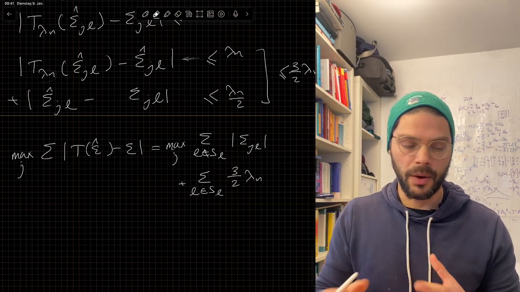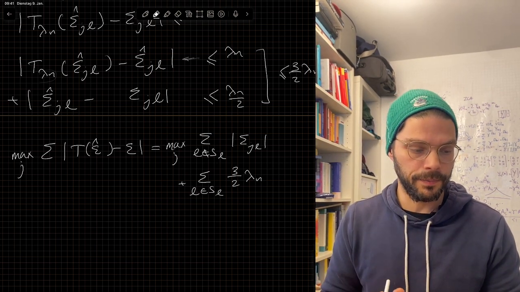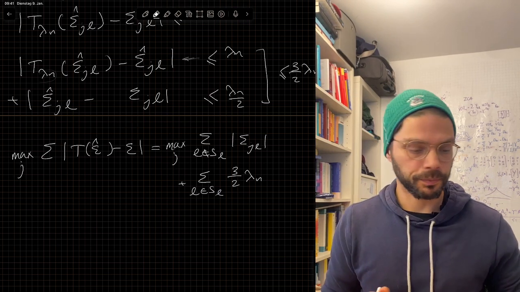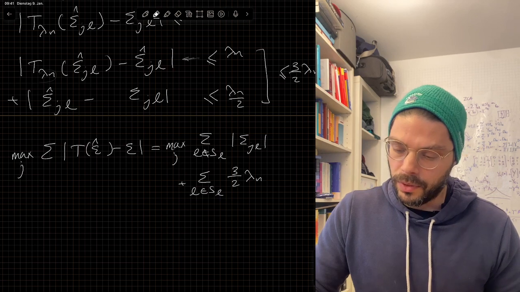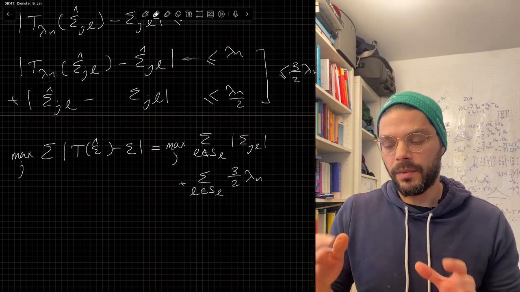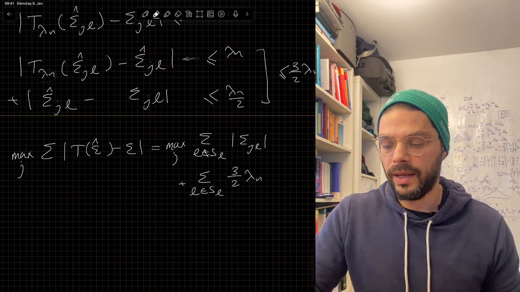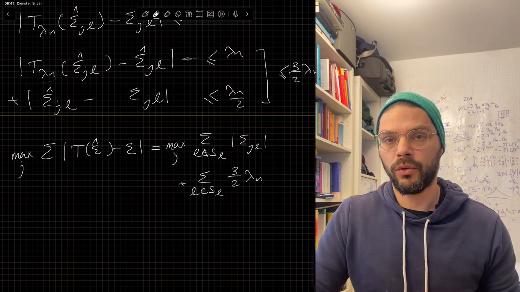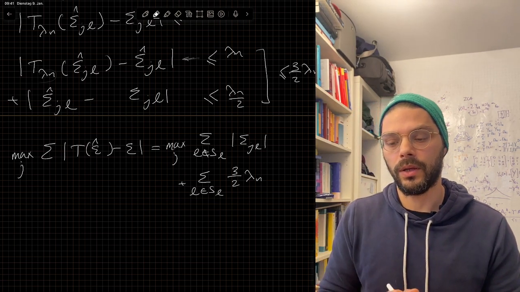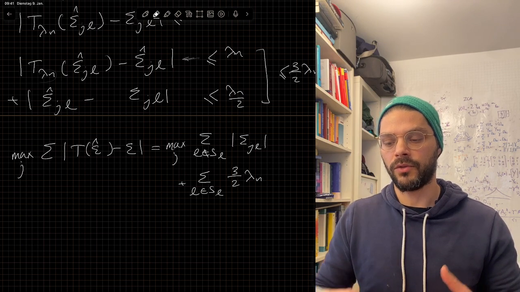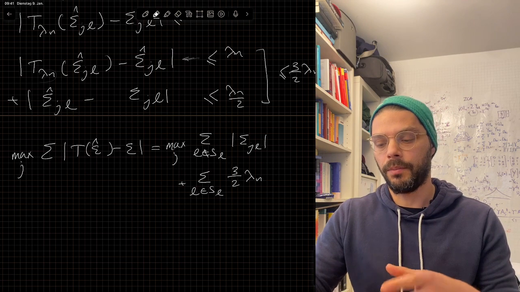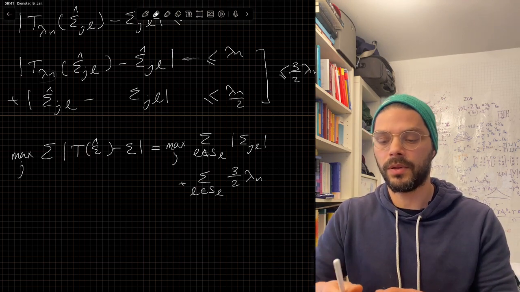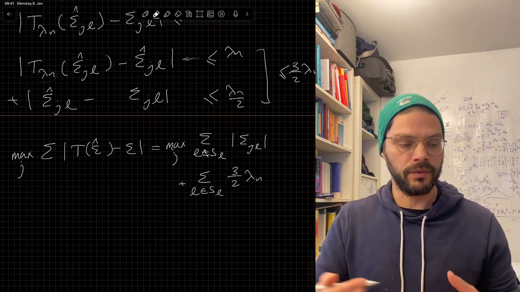Okay, so now we've still got these two parts. Now the question is how are we going to deal with them? From this point on, we're going to try to relate these sums to the R of Q. The R of Q generalizes these particular sums into a general property of the matrix.